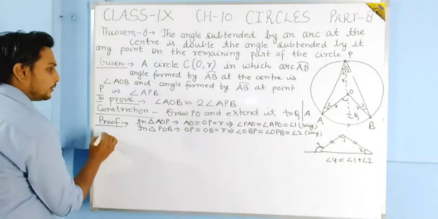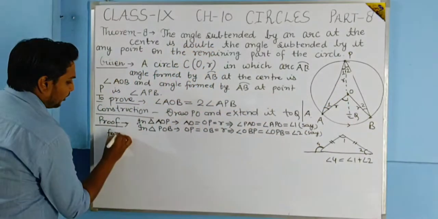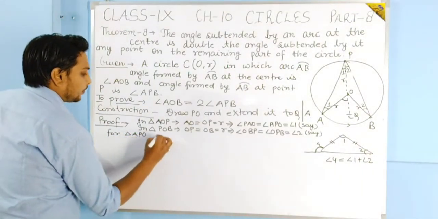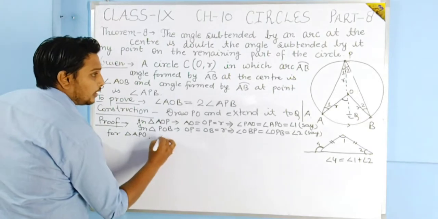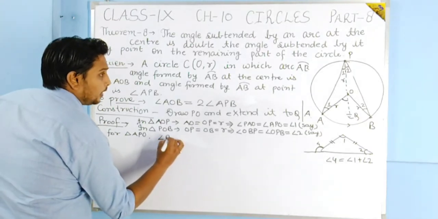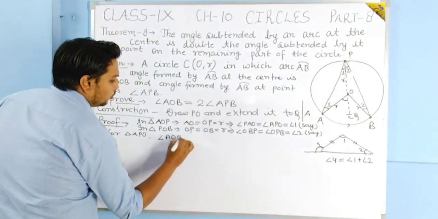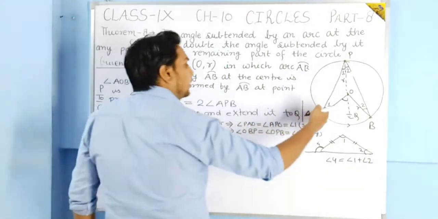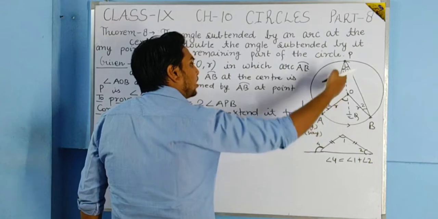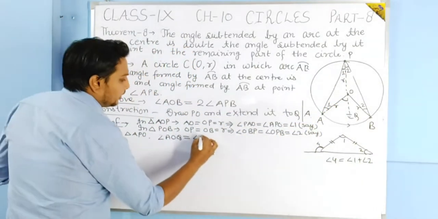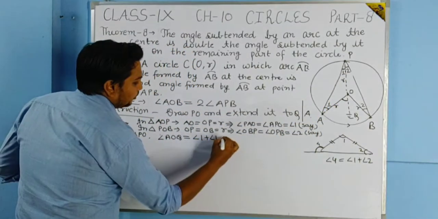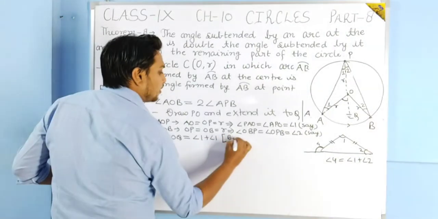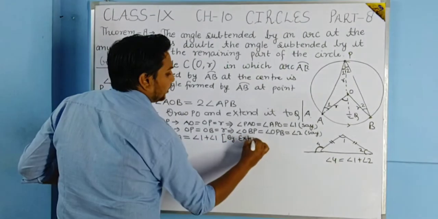So here we'll write, for triangle APO, angle AOQ is equal to angle 1 plus angle 1, by the exterior angle property.